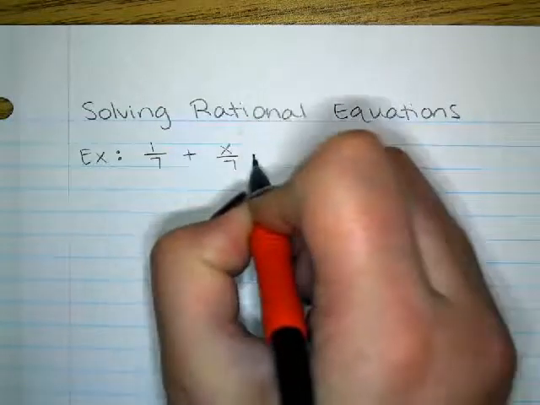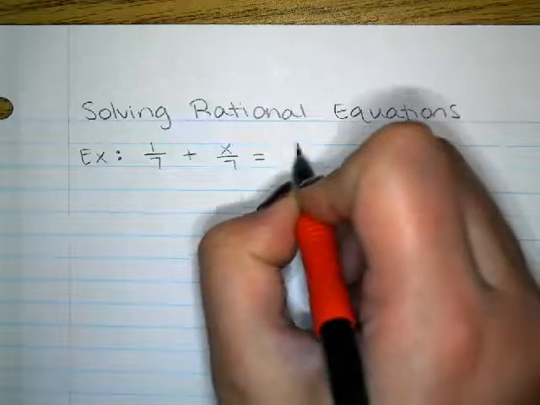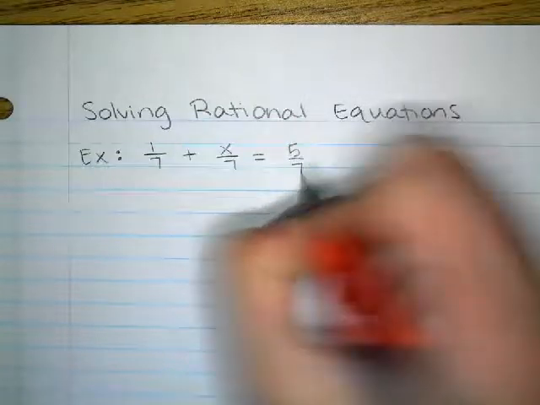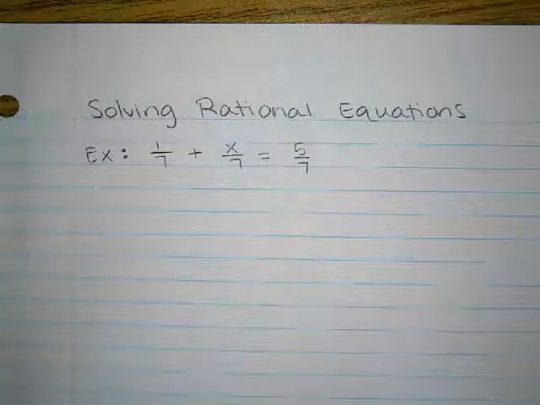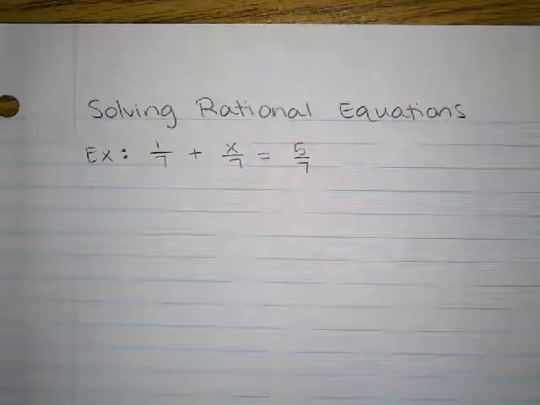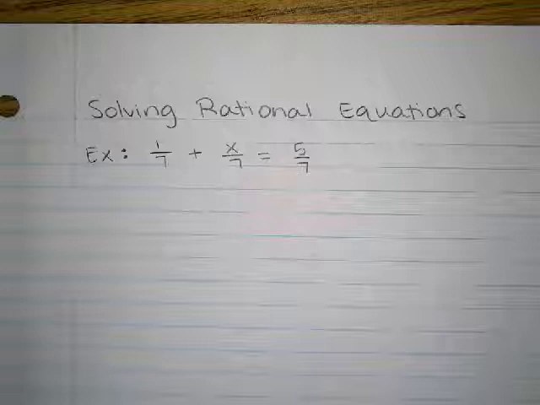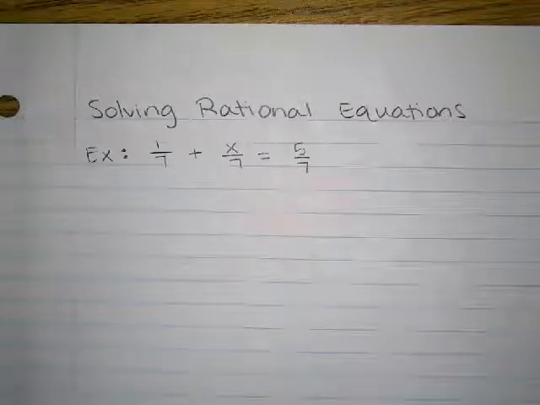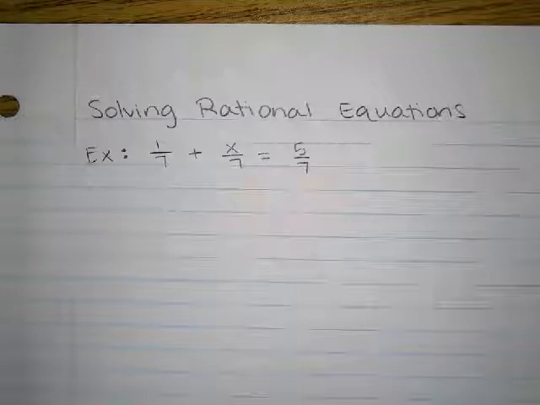Okay, I'm going to start you guys off on a problem that's going to use your common sense. So if we had 1/7 plus x sevenths equal 5/7, then what would the x be? 4.